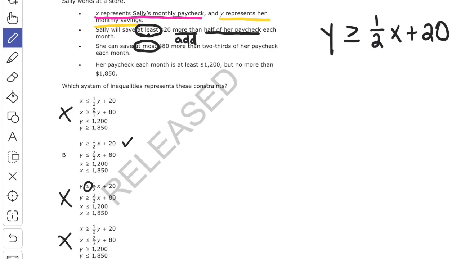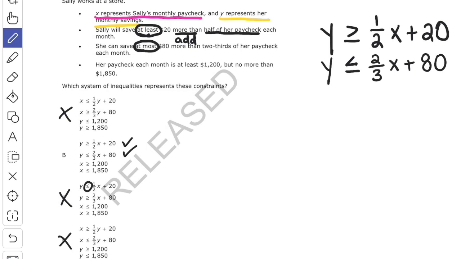So at most means less than or equal to $80 more than 2/3 of her paycheck. So savings, again, savings is Y. And she can save at most $80 more than 2/3 of her paycheck, X, plus $80 more than that. Again, that represents the equation that we have for B.